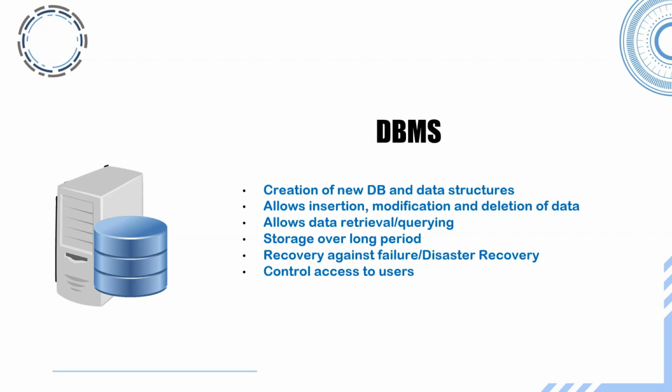There may be hardware failures or software failures, or for some other reason the database system might crash. But it provides disaster recovery options, so that even if the system crashes, the data stored in the database management system is going to be intact. This is one of the very important features of an efficient database management system.